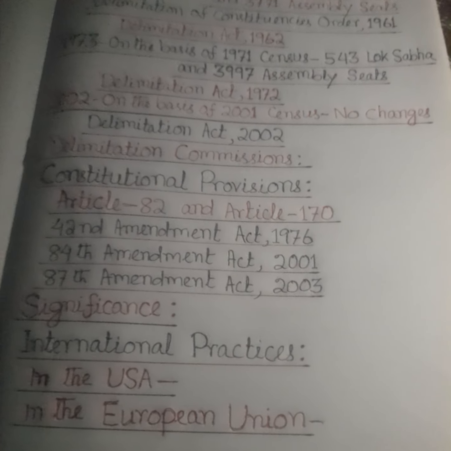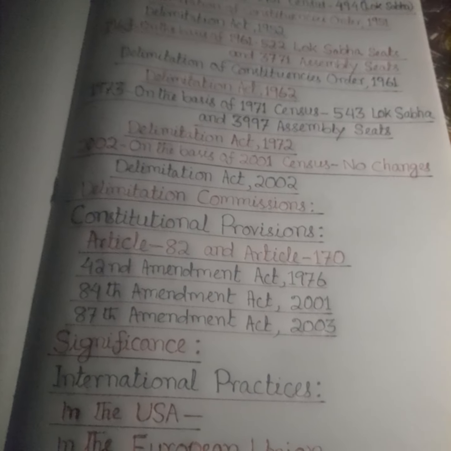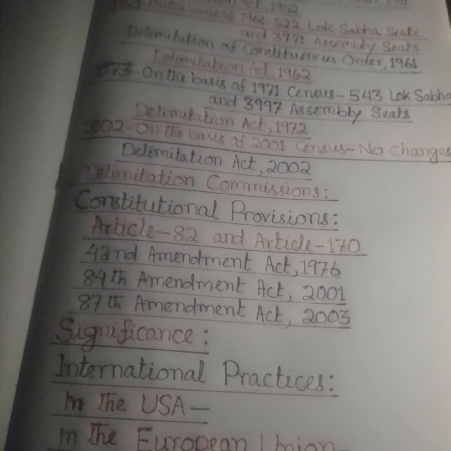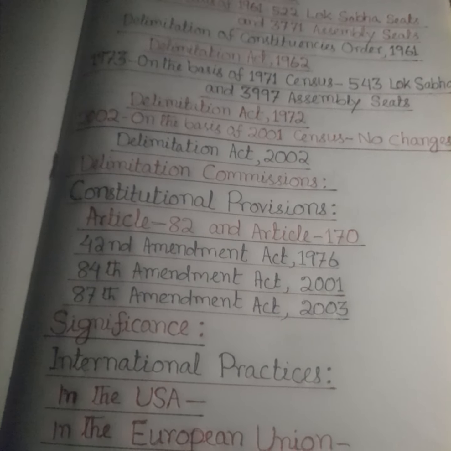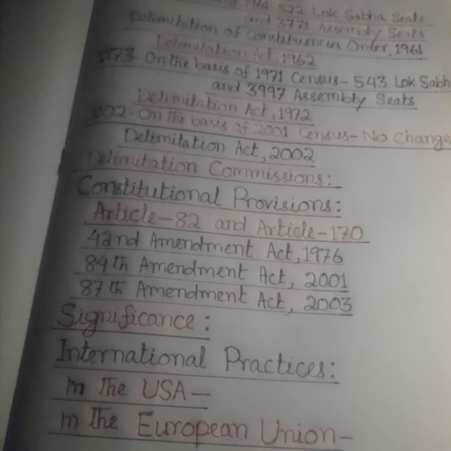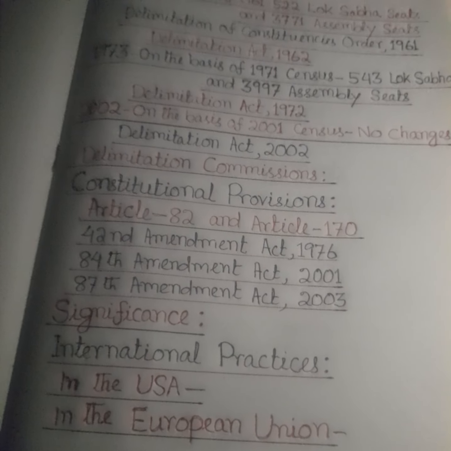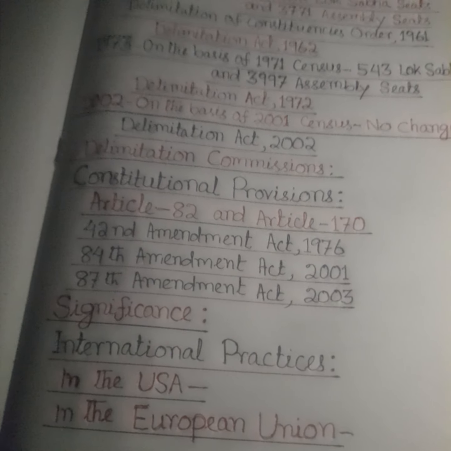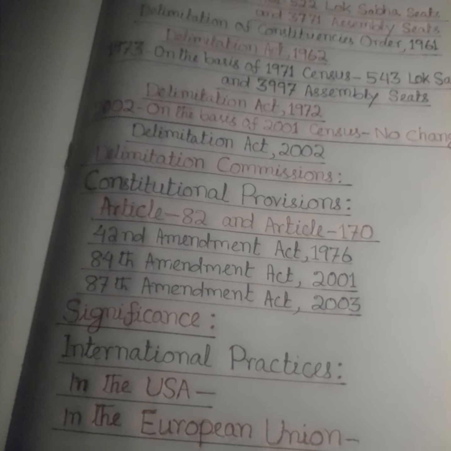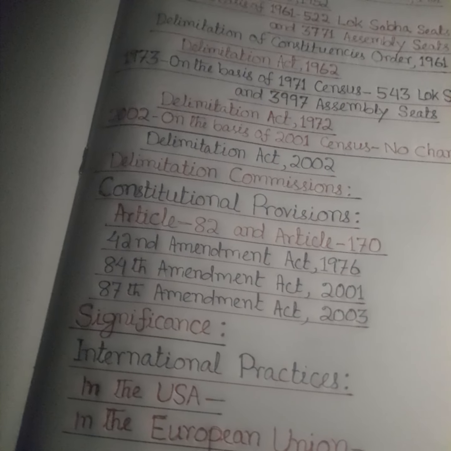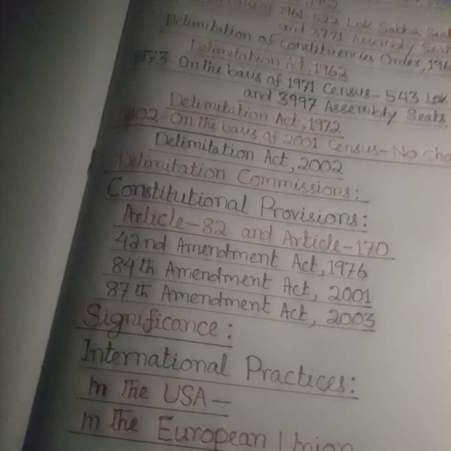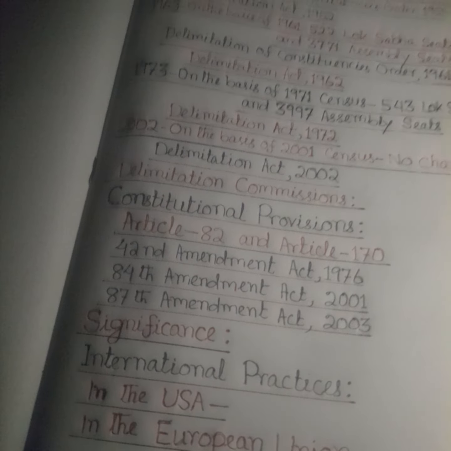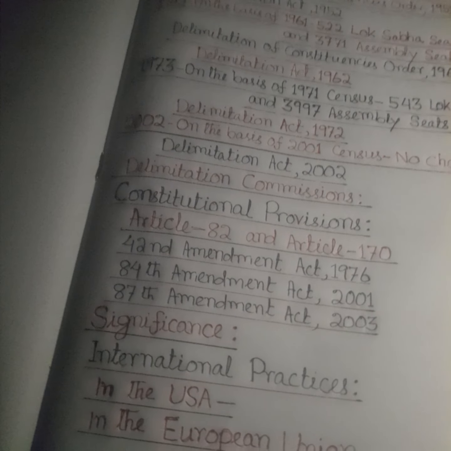As for its powers, in case of a difference of opinion among members of the Commission, the opinion of the majority prevails. The Delimitation Commission in India is a high power body whose orders have the force of law and cannot be called in question before any court.